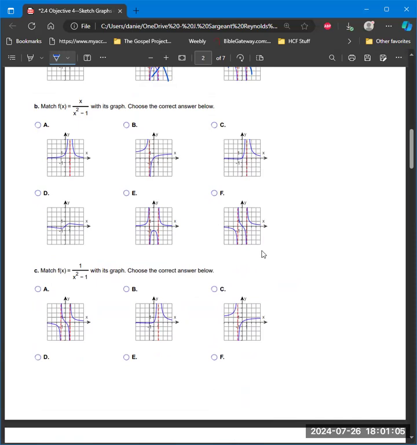So now I have vertical asymptotes at x equals -1 and x equals 1. I still have a horizontal asymptote at y equals 0 because degree of the top is less than degree of the bottom. Still have an x-intercept at (0, 0), and a y-intercept at (0, 0).